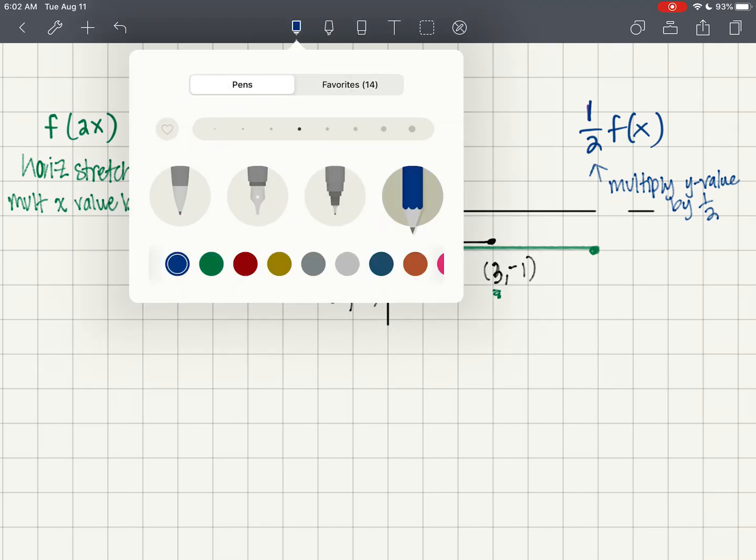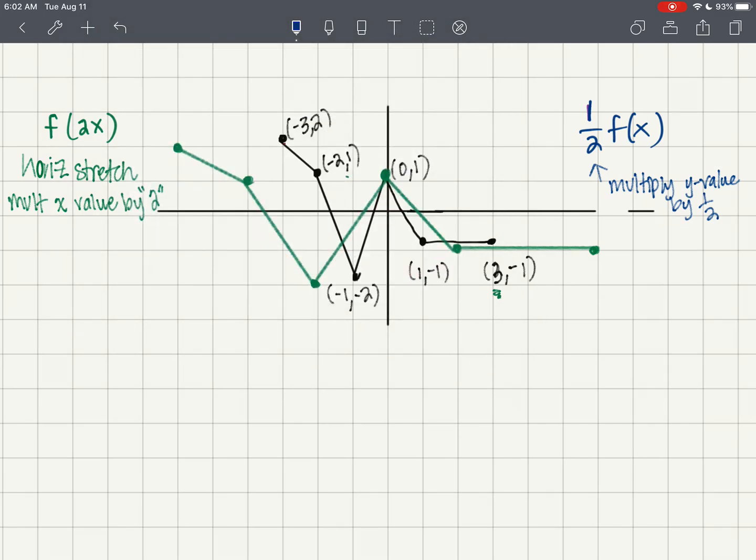So negative 3, 2, if I take the y value and multiply by 1/2, I'm going to get negative 3, 1. This we know is going to be a vertical shrink.